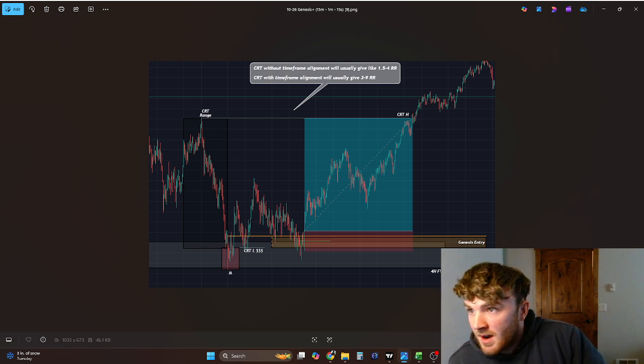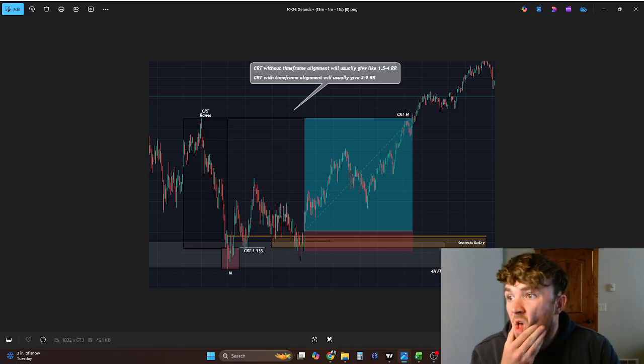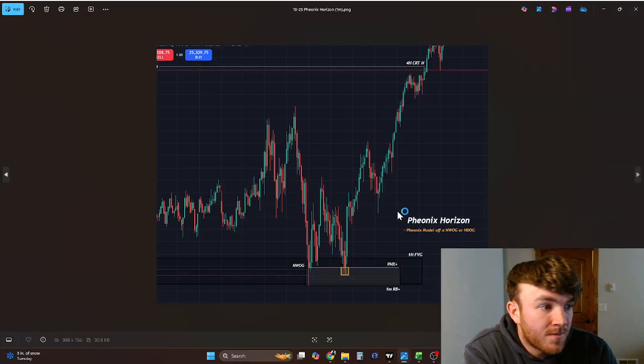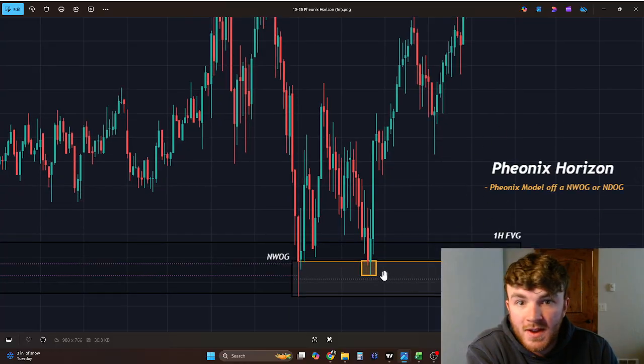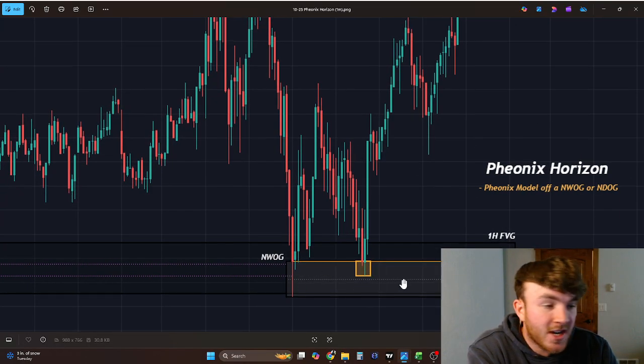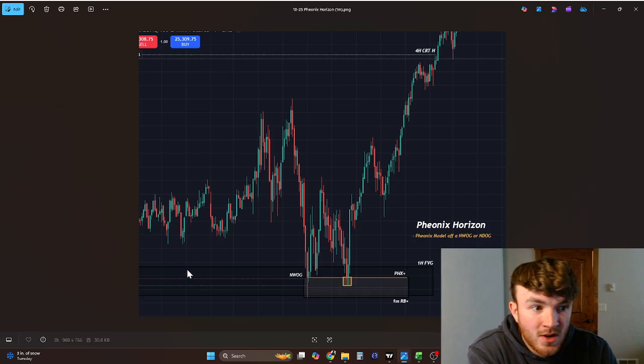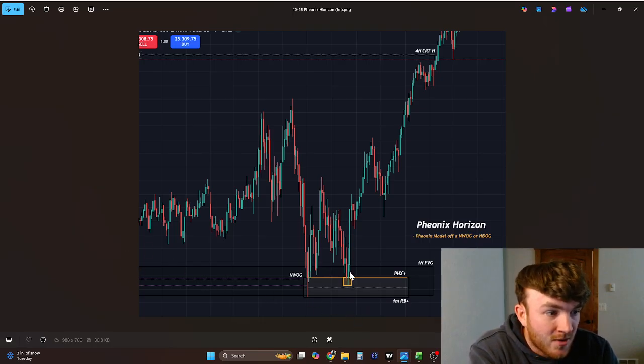And from there you'll know what the Phoenix model is. But check this out, right? Okay, so ignore this for a second. We have a 1 minute rejection block that sweeps out lows. We have SMT with this low, and then we come tap that rejection block.